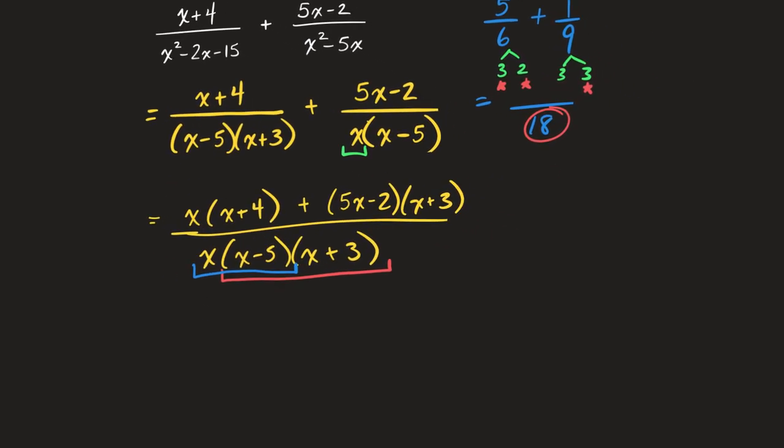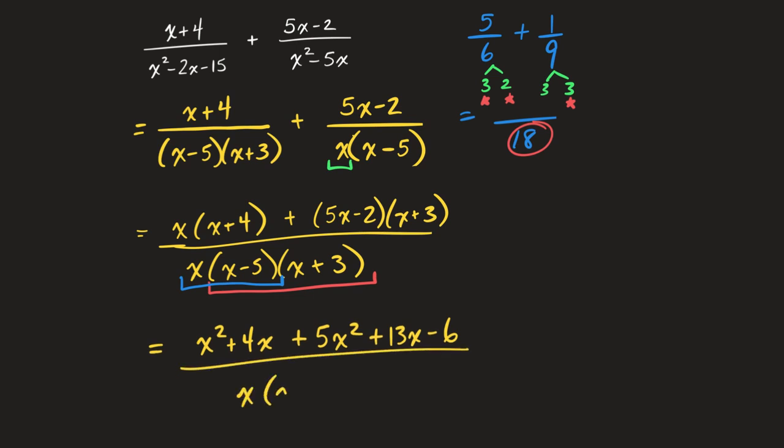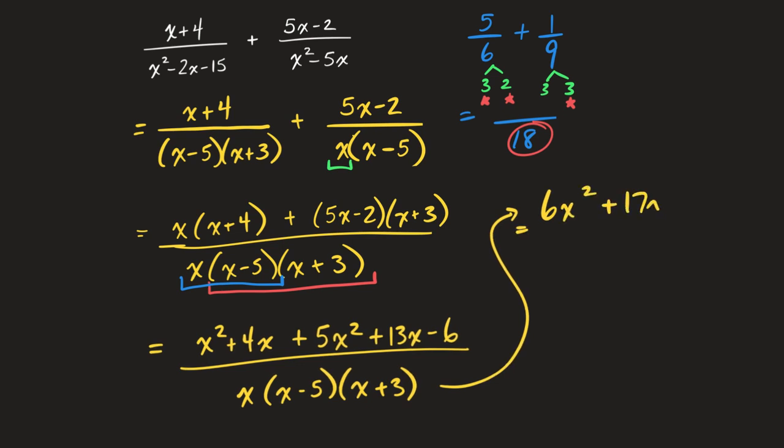And now when I go through to simplify each term on top, expand in my x, expand out my brackets, I get a plus 15x minus 2x is a plus 13x. On the denominator, I have all my key factors. I'm just going to wrap up around the side here so I don't have to shrink it down anymore. That gets me to a 6x squared plus a 17x minus 6.